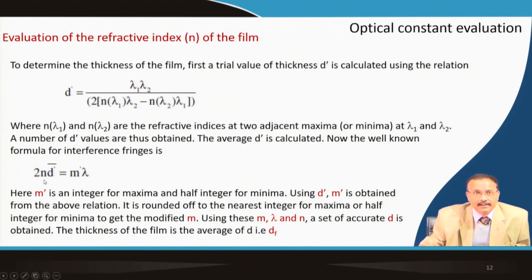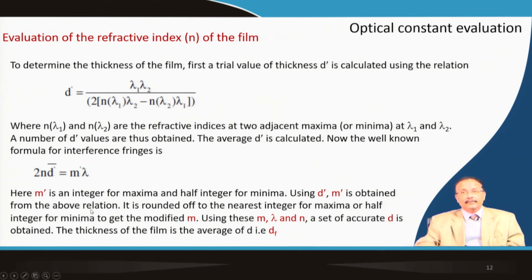So, with the refractive index and the average d that you have calculated, it is basically a multiple of lambda. This m prime is an integer for maxima and a half integer for minima. So, we will use this d prime and obtain m prime from this relation.